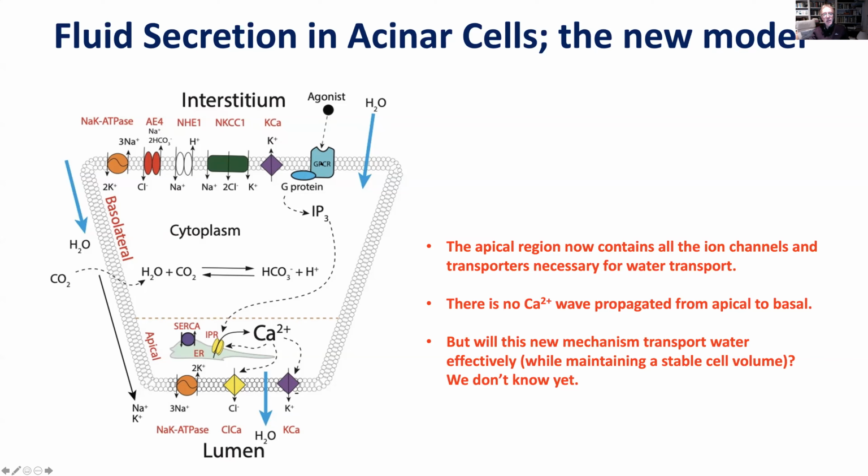But the chloride, potassium, and sodium ions all have a much higher diffusion coefficient, so they are effectively homogeneous in the cell because they diffuse so fast. IP3 is, as we discovered, also effectively homogeneous because it diffuses fast enough. But calcium is not homogeneous because of its low diffusion coefficient, and that's all you need to have the difference between the apical and the basal regions.